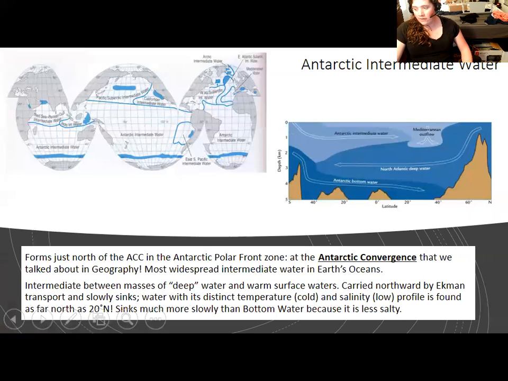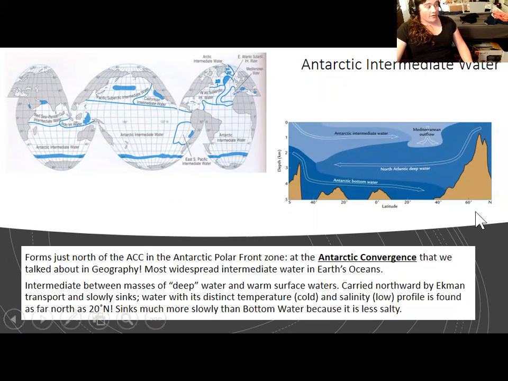Antarctic intermediate water forms as surface water that is flowing away from Antarctica sinks at the polar front, aka the Antarctic Convergence. So the Antarctic Convergence is actually a zone where water is being forced under. You have masses of water being pushed towards each other that don't mix very well. And the Antarctic surface water gets pushed under and becomes a new mass called Antarctic intermediate water.